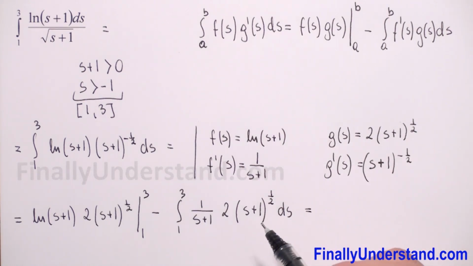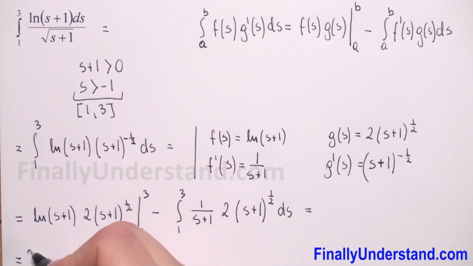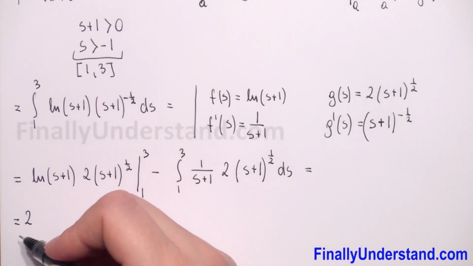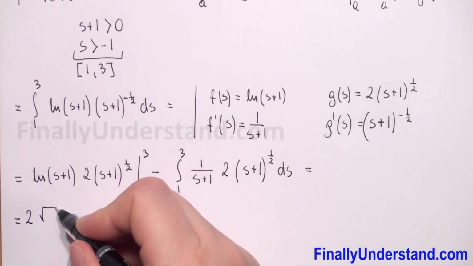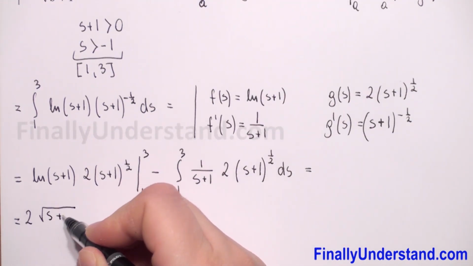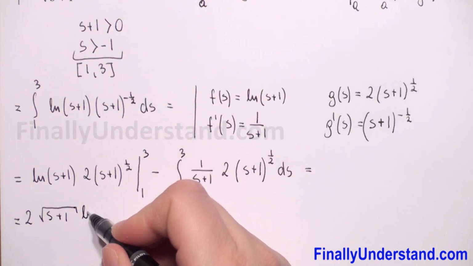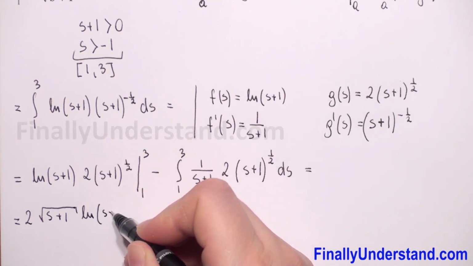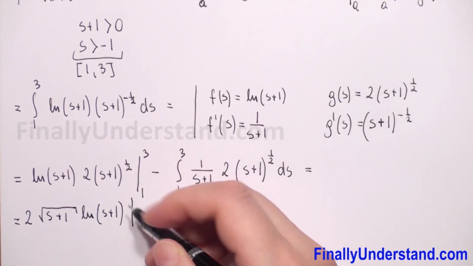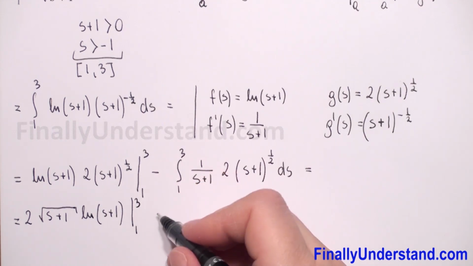Now we can simplify a little. We will change this to square root and put it first before natural logarithm. So this is equal to 2 times square root of s plus 1 times natural logarithm of s plus 1. We have limits from 1 to 3.